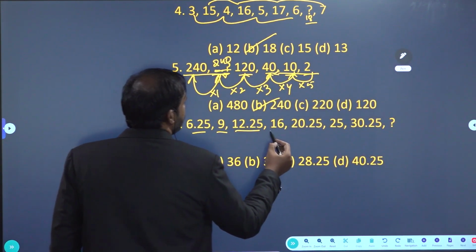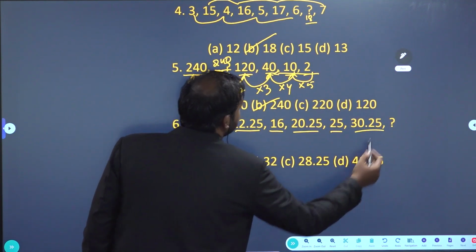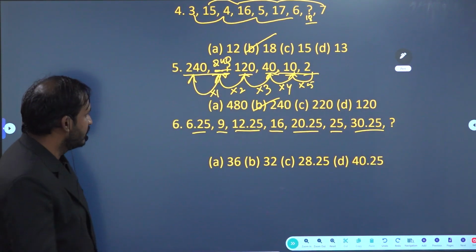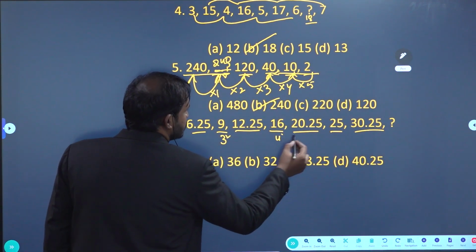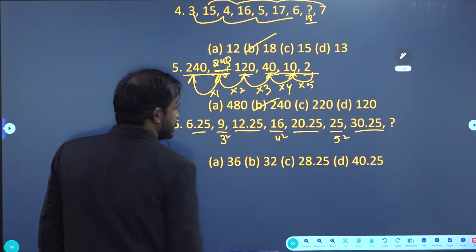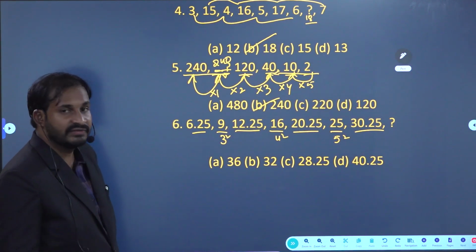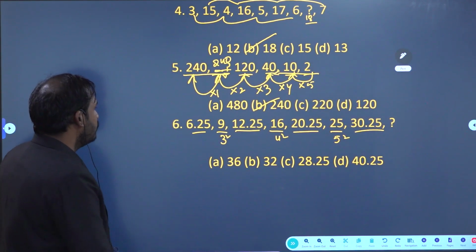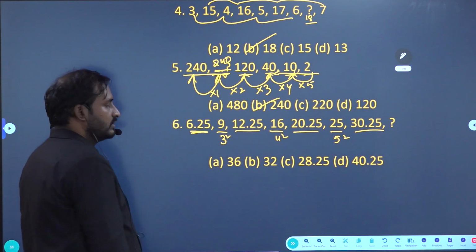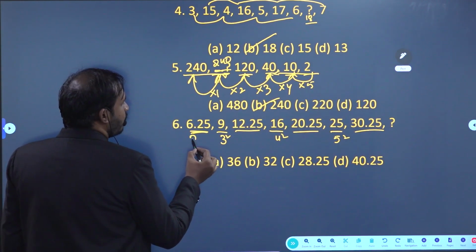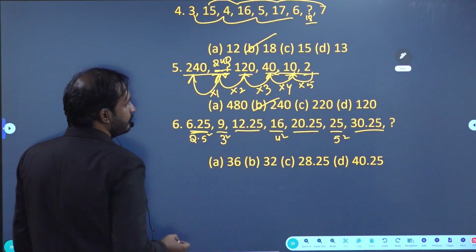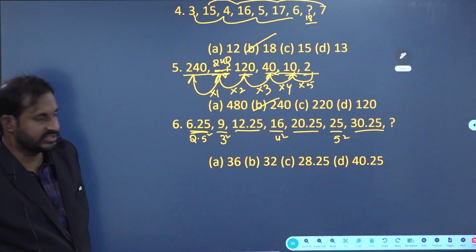6.25, 9, 12.25, 16, 20.25. Now, if you observe carefully, 9 is what? 3 square. 16 is what? 4 square. 25 is what? 5 square. Now, 6.25 is actually 2.5 square. Okay, 25 square is 625.